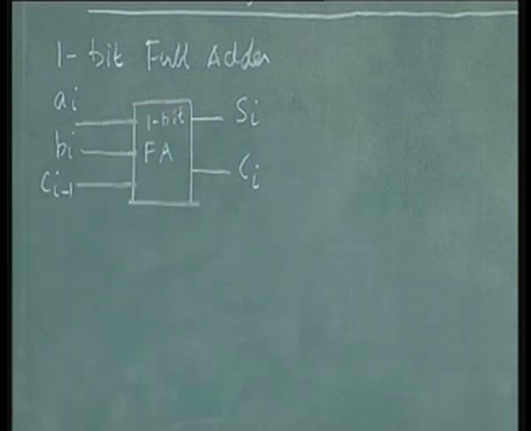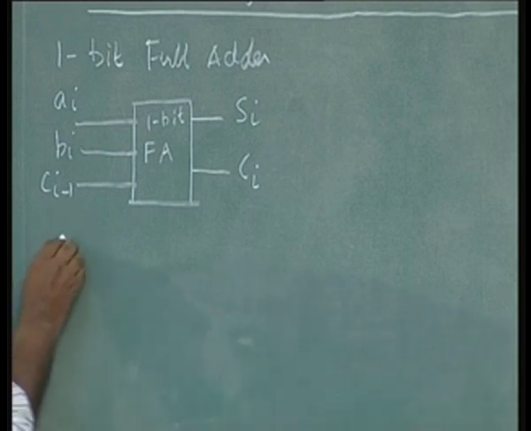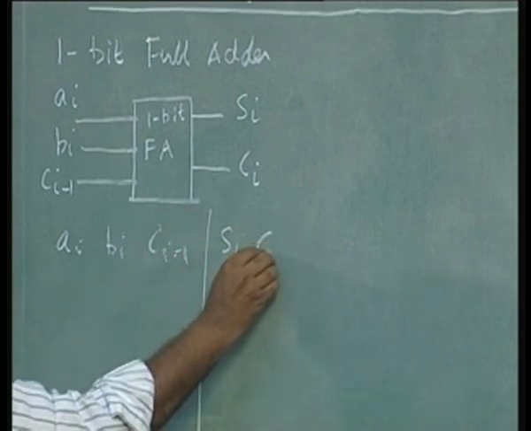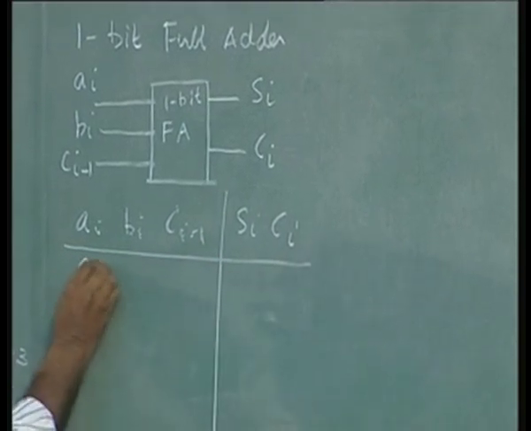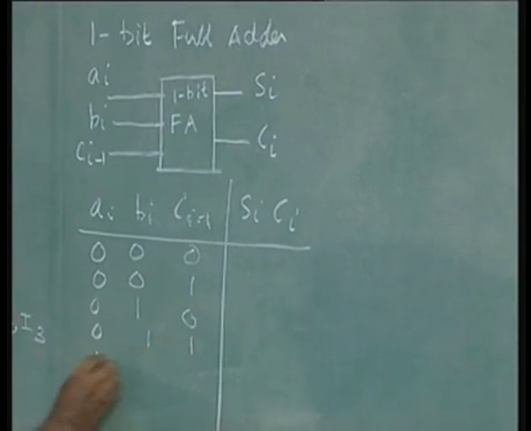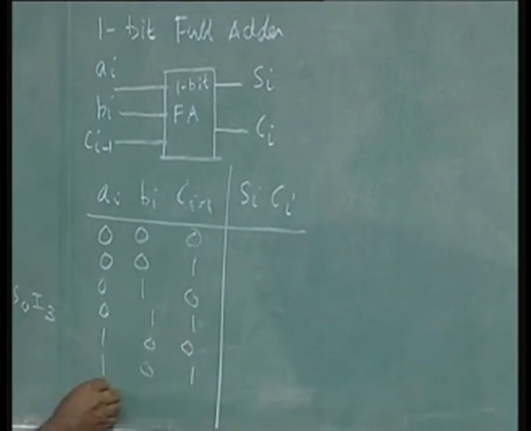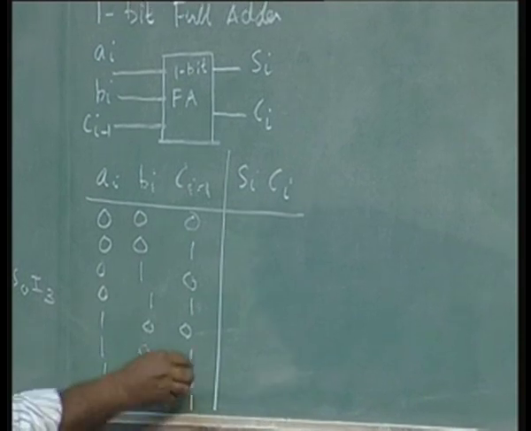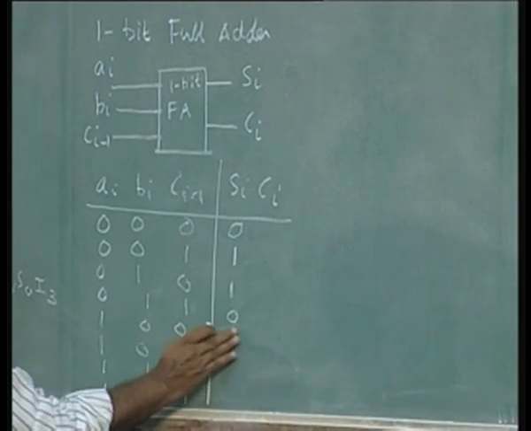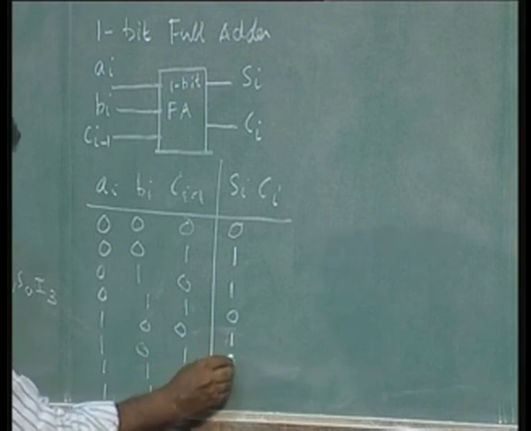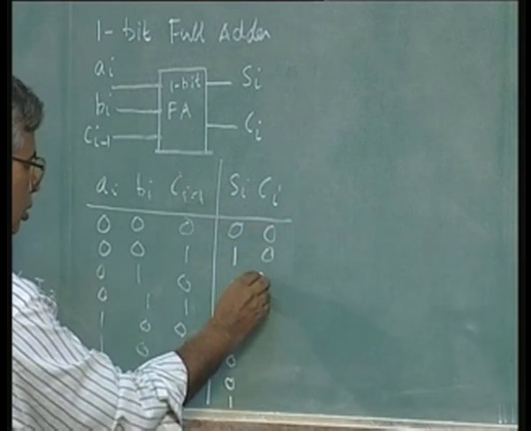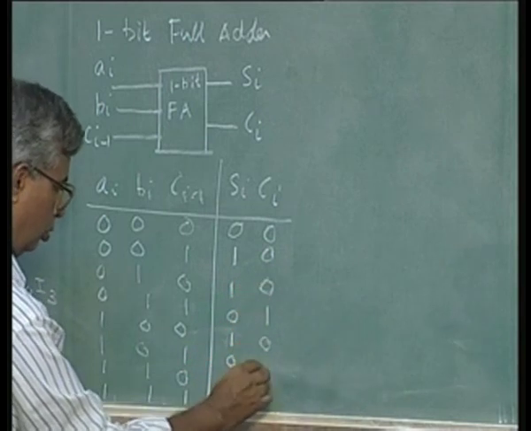and all of us know the truth table for this. Ci would be 0, 0, 0, 1, 0, 1, 1, 1.